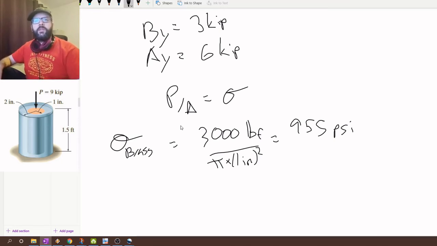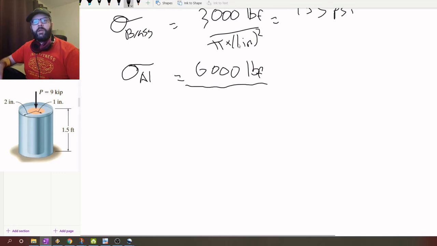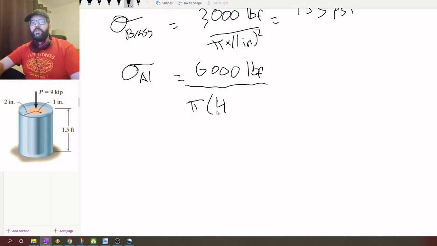And then the aluminum. That's going to be 6,000 pounds divided by pi times the radius of the outside squared minus the radius of the inside squared.